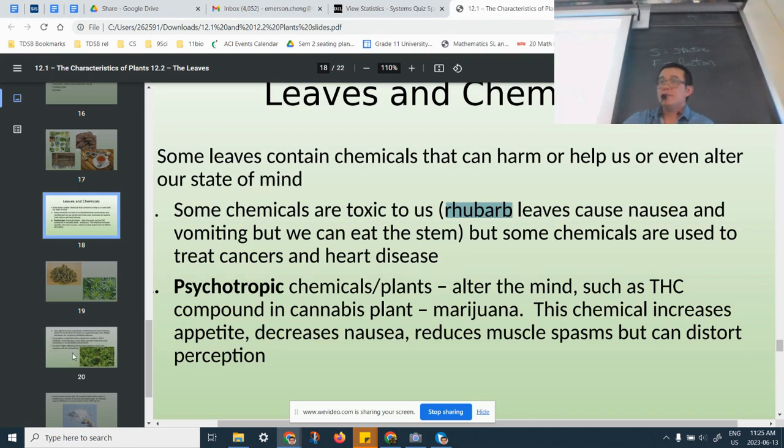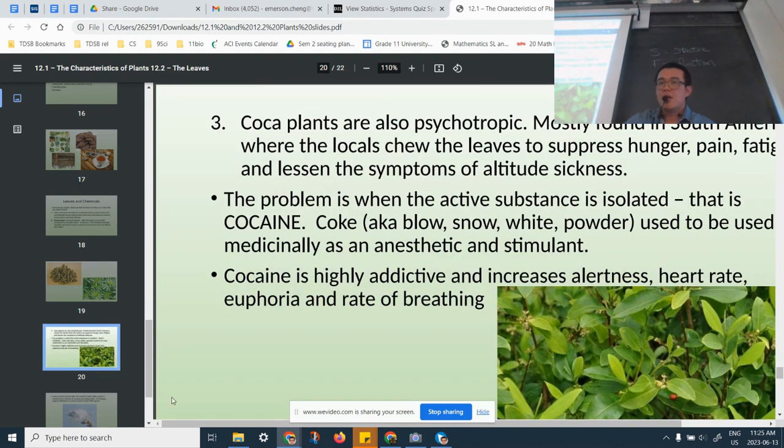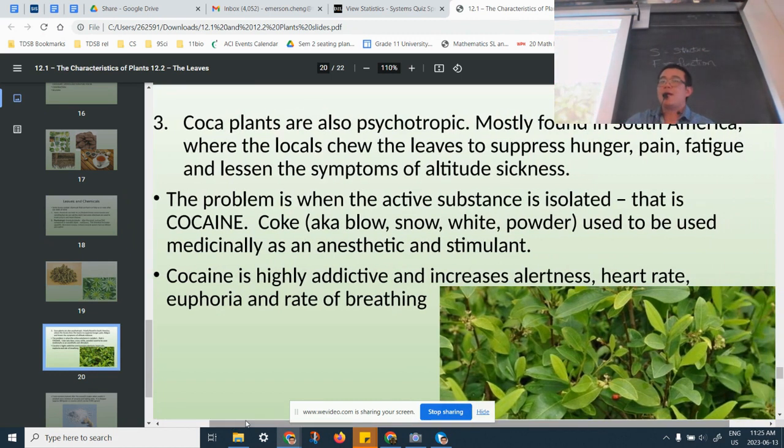Now, this other one, the coca plants. The coca plants is also psychotropic. So it actually has been used to suppress hunger, pain, and fatigue by chewing the leaves.